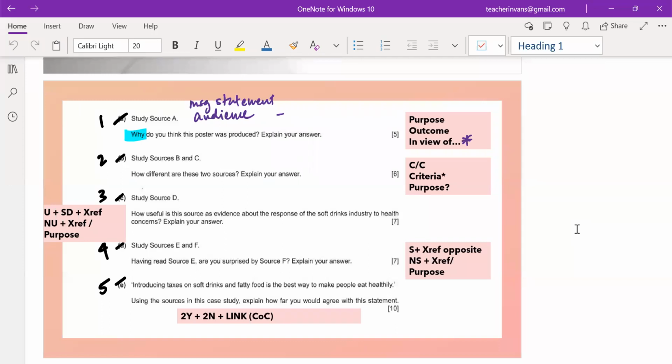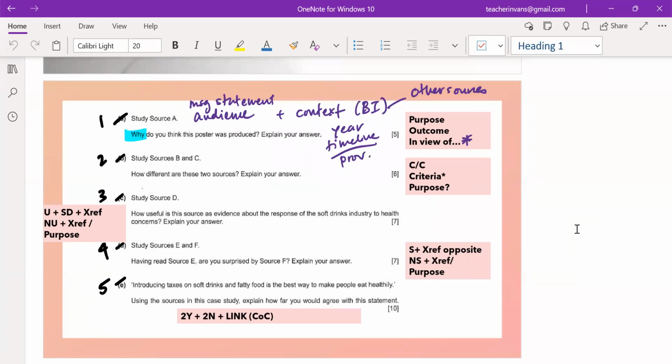You are looking at the context, that means with reference to background information, with reference to even other sources, specifically, why was this poster produced? Sometimes in the O-level, remember, they would give you a year, they would give you a timeline. So be very careful when you are reading and unpacking the provenance.